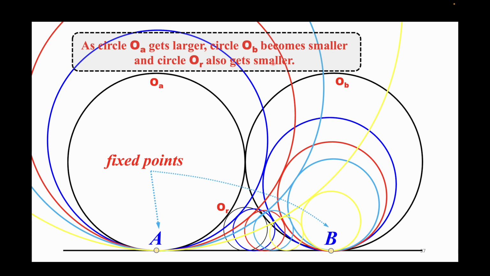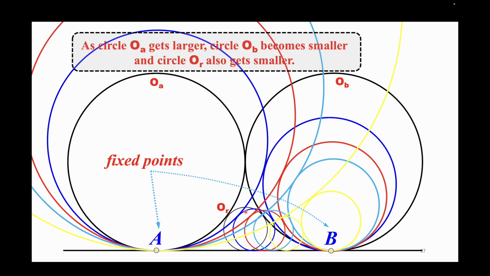If OA is even larger to become this one, OB shrinks further, and OR, which is tangent to OB and OA, becomes even smaller. If OA gets even larger, this one, this is OB, and this is OR. As you can see, the circles become smaller and smaller. And this is an even larger OA, and an even smaller OB, and this is OR. So as you can see, this circle becomes smaller and smaller.